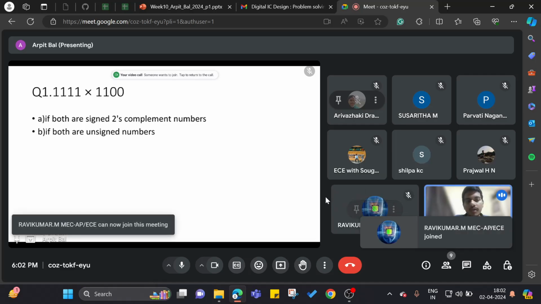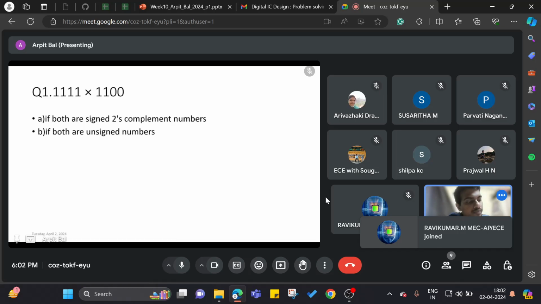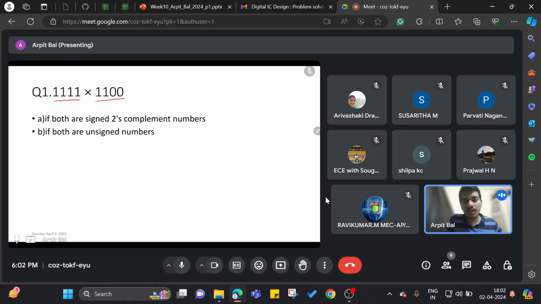we have to evaluate this question. If we have 1111 times 1100, and it is given that both are signed 2's complement numbers, what will be the result?